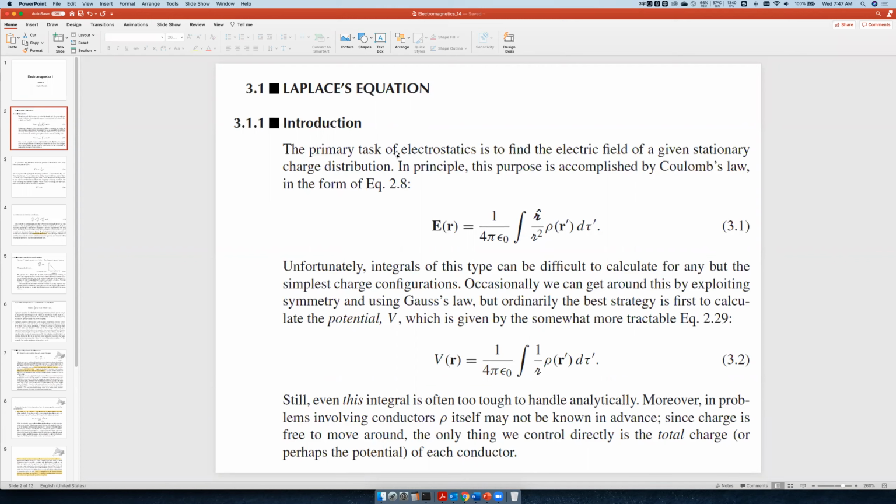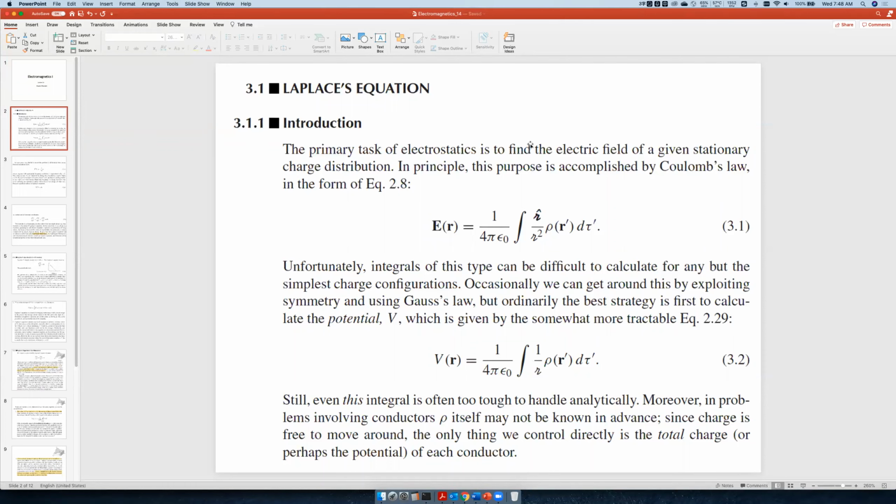Okay, so here, the primary task of electrostatics is to find the electric field of a given point charge, which is a stationary charge. Sometimes it's one charge, but in most cases, it's a set of charges or a charge distribution.